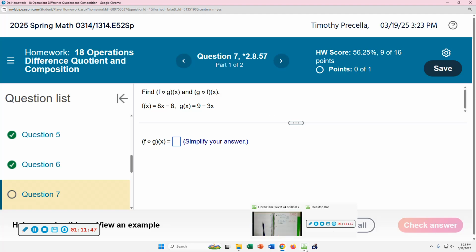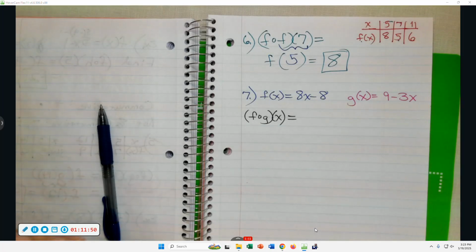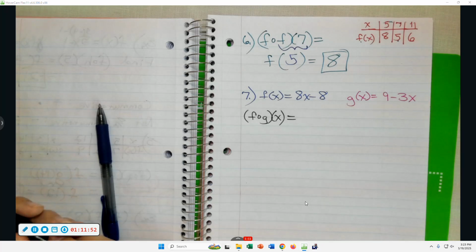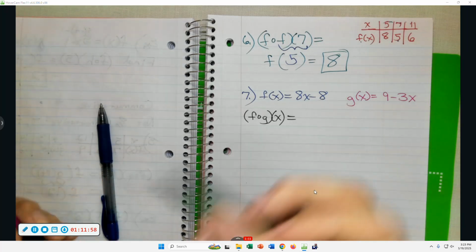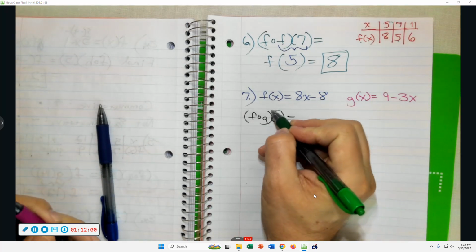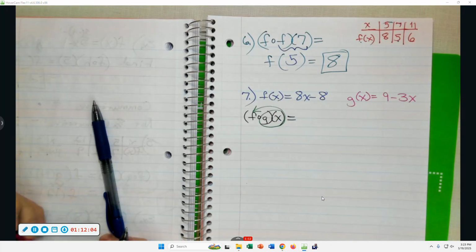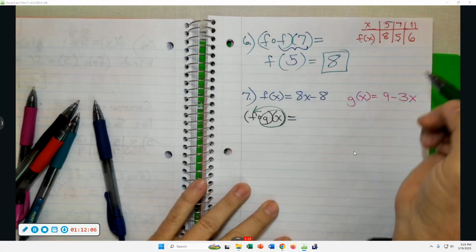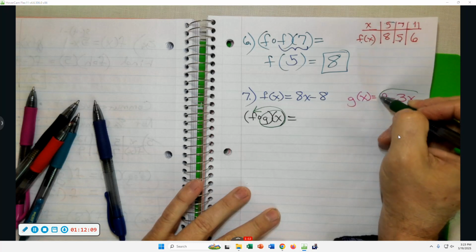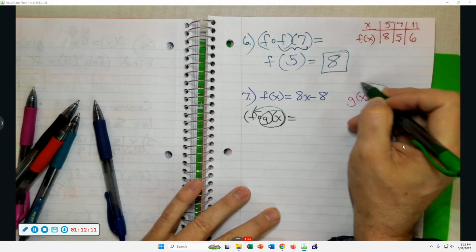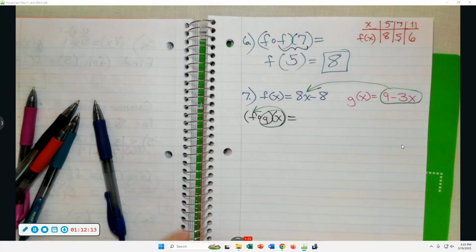Do you remember my arrow way? I do remember your arrow way. This is saying take g of x and plug it into f, wherever you see a variable. So you're taking g of x and plugging it into f.